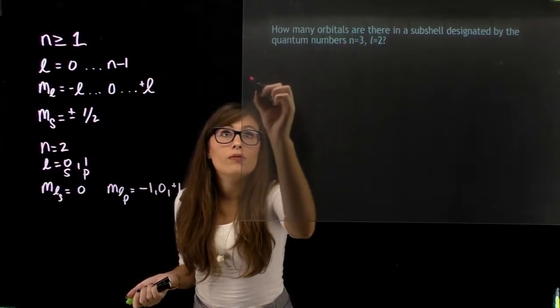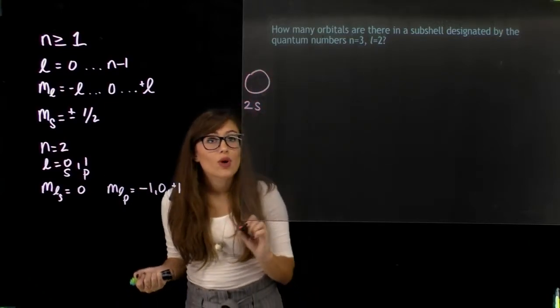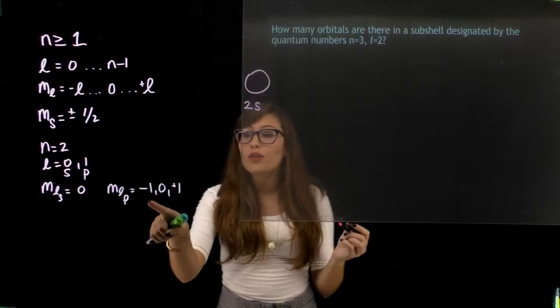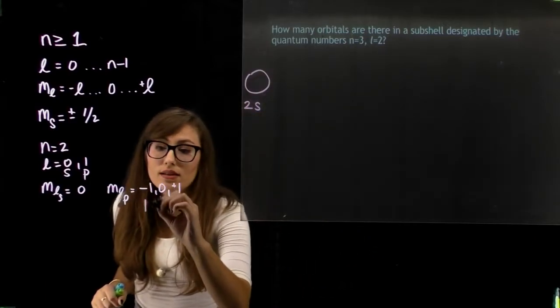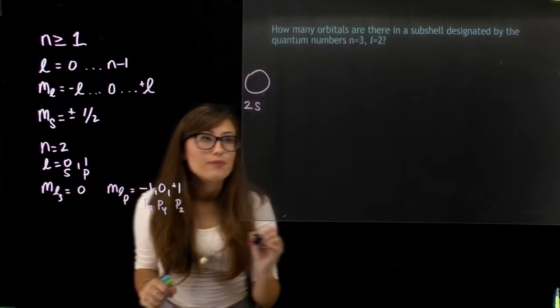And we know the s orbital is spherical, so 2s. For the p orbitals, we know there's going to be 3 different orientations in space: px, py, and pz.